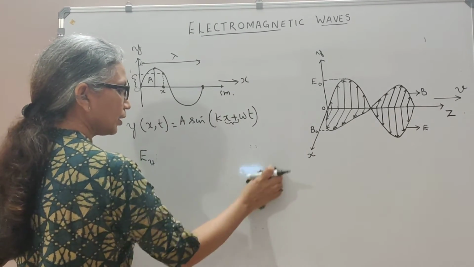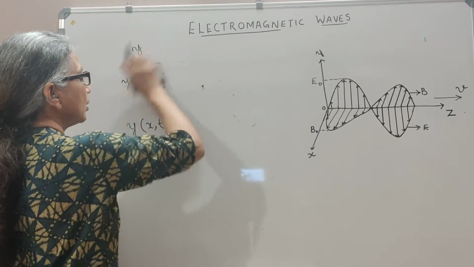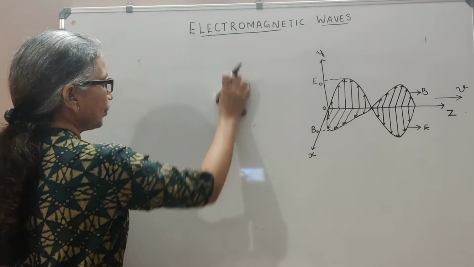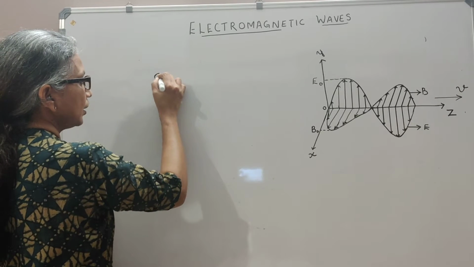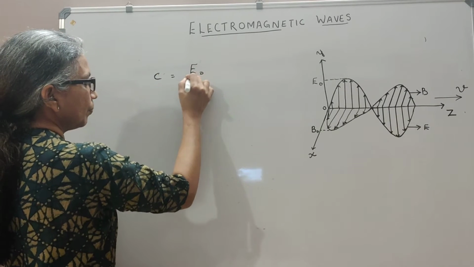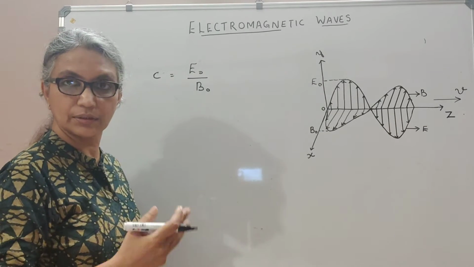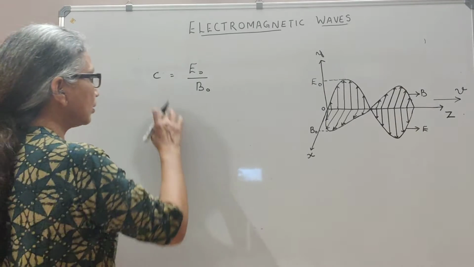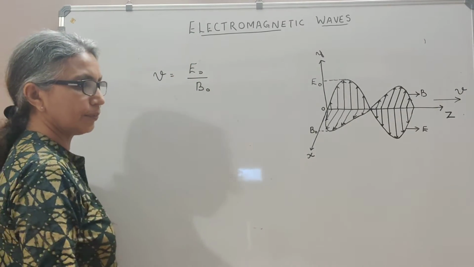The next property that I'm going to discuss is the relation between this E0 and B0. We may write the next property as c equal to E0 by B0. If the electromagnetic wave is propagating in free space or vacuum or any other medium, this would be v equal to the ratio of E0 by B0.